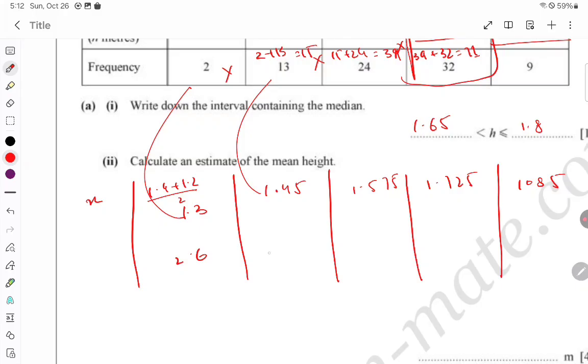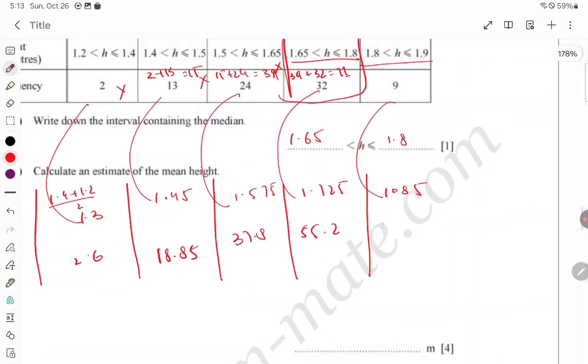1.45 into 13 is 37.8. 1.575 into 24, so this will be 37.8 and this will be 18.85. This into 32 is 55.2. This into 9 is 16.65.